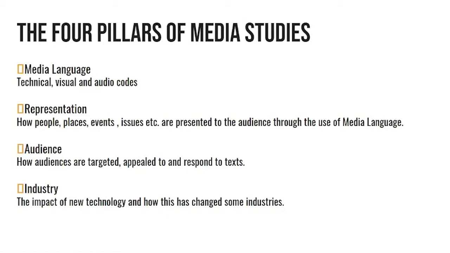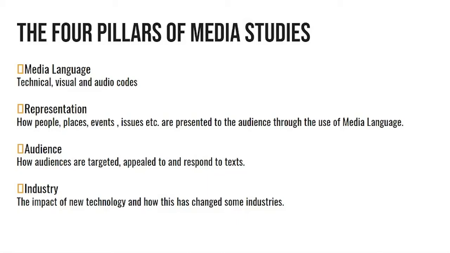For example, the 4th pillar, industry, looks at things like new technology and how new technology has allowed more consumer-based producers to create higher quality films and videos that compete with Hollywood-style production. New technology has changed how the audience can consume audio and video content on the go, not just in the home.